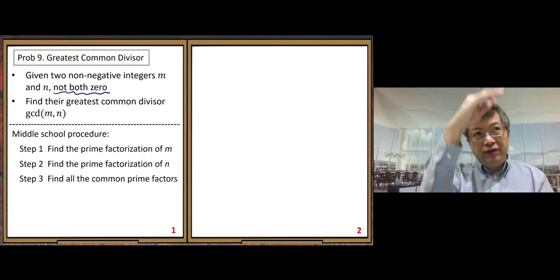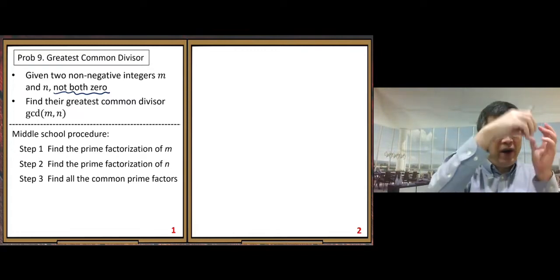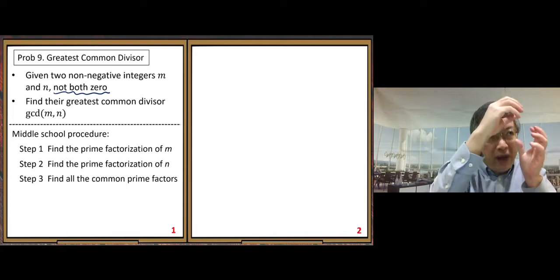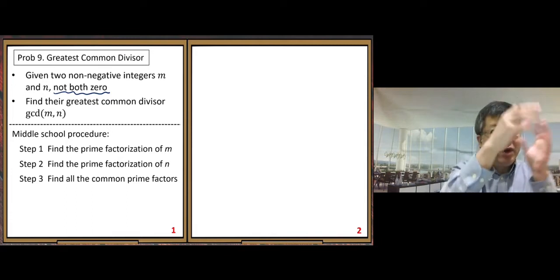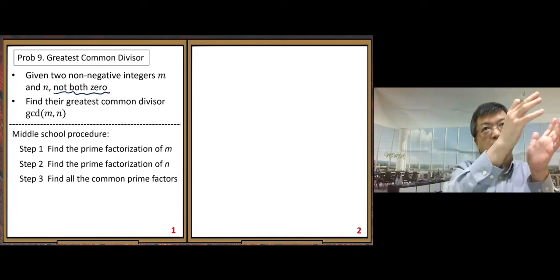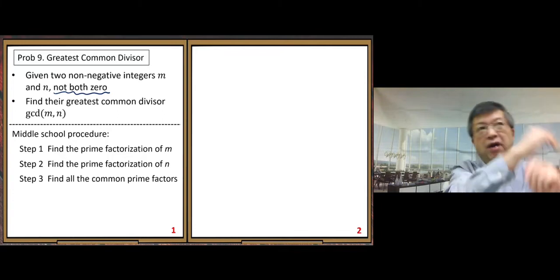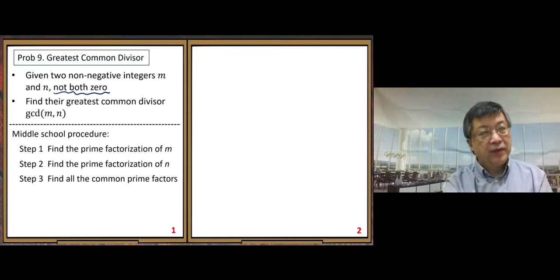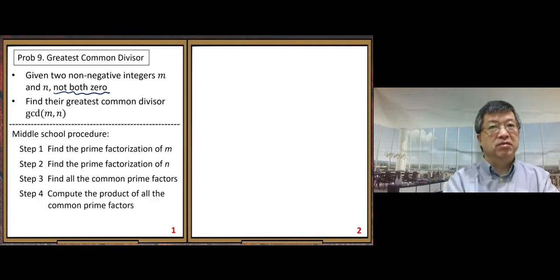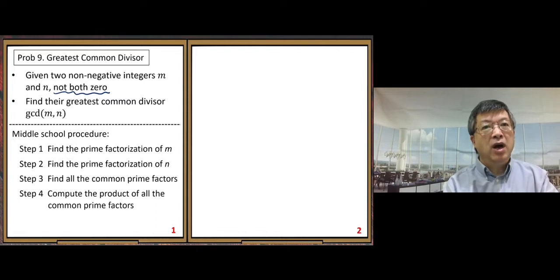After you do the two factorizations, for each prime factor you compare, trying to find the common part, the largest common part. Step 4, you compute the product of all the common prime factors.